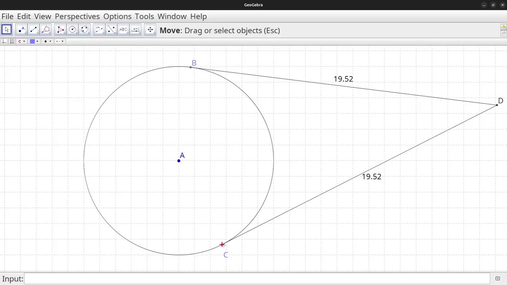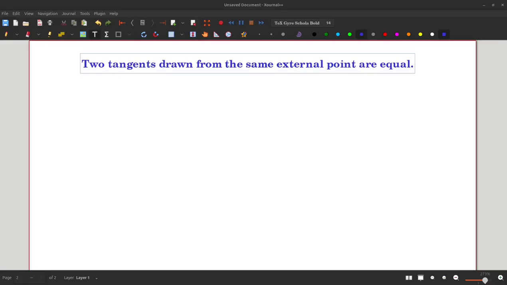So if you draw two tangents from the same external point, they are going to be equal. So that's our property. Now let's try to write it down. Two tangents drawn from the same external point are equal.